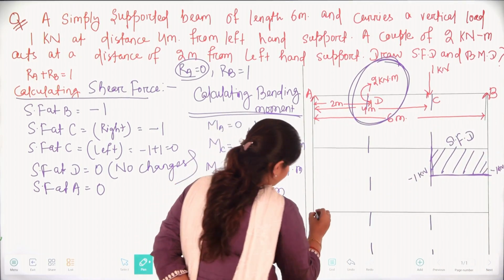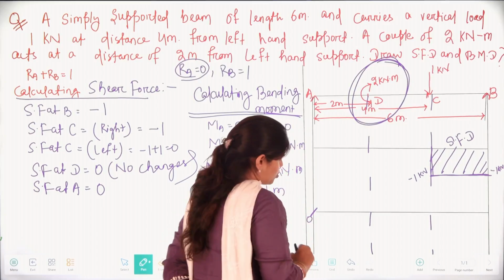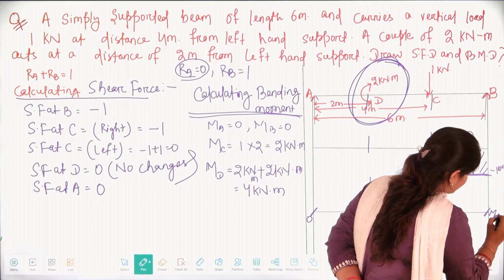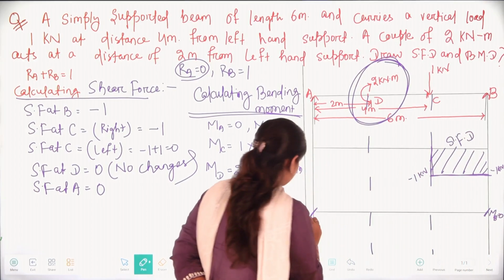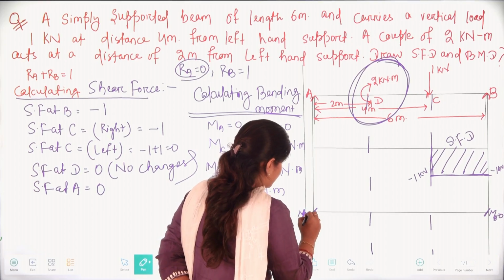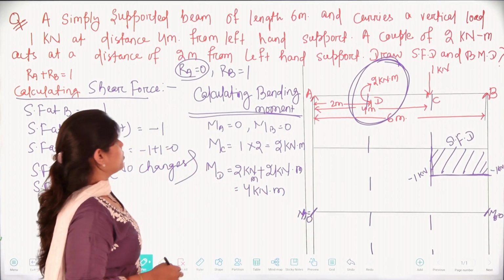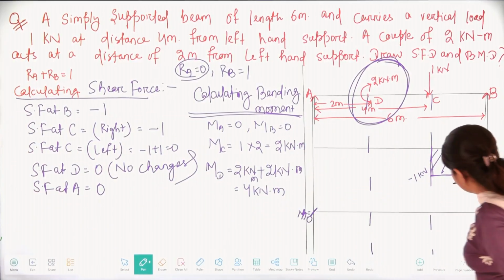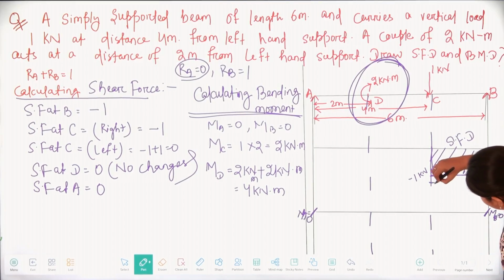Bending moment you can see here 0 and bending moment here will be 0. MA equal to 0 and MB equal to 0. So MC is 2 kilonewton. Let's put it here 2 kilonewton. So we will join it like this.